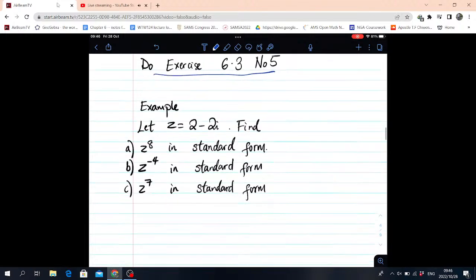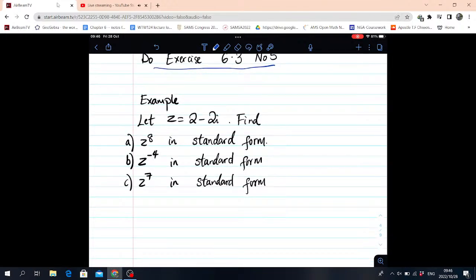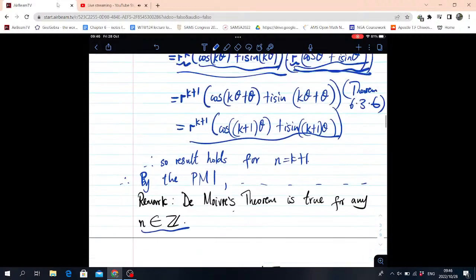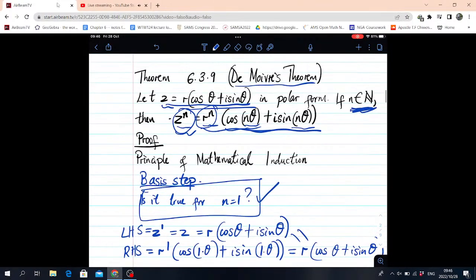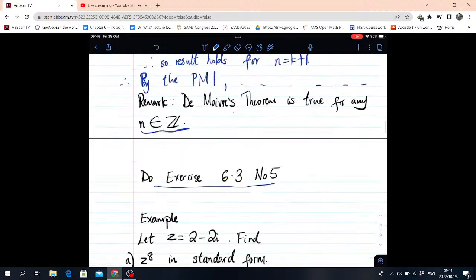So how do we deal with this? We want to use De Moivre's theorem. The first thing is we want to change the form that we have. We are given standard form. For us to be able to use the theorem, we want to write our complex number in polar form. Then we are able to use it.